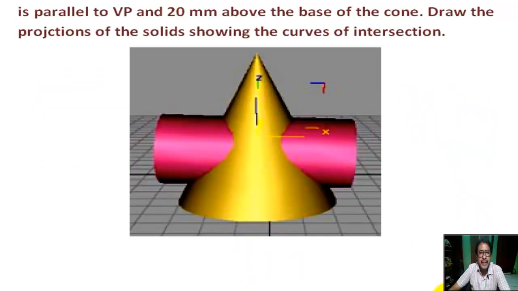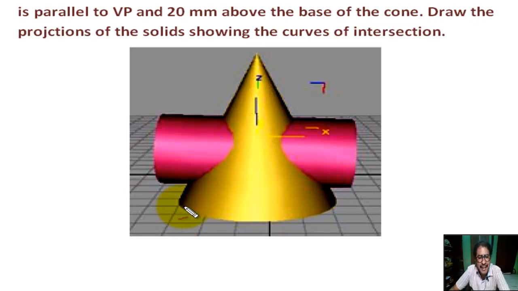Okay, yellow color, this is the cone of base 60 mm diameter, height 70 mm long.